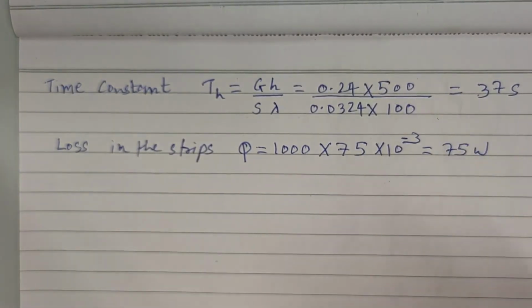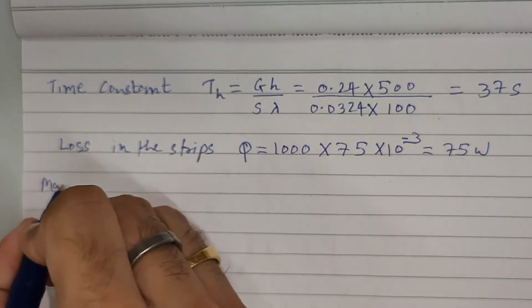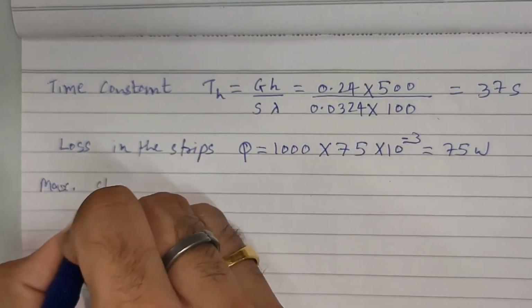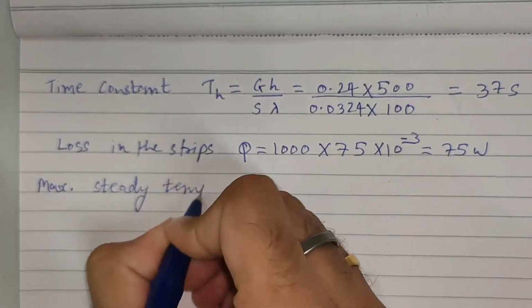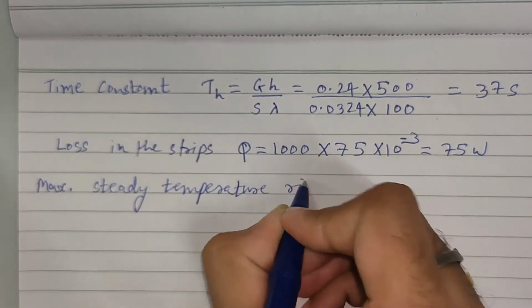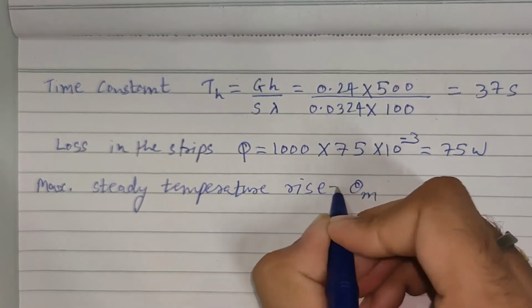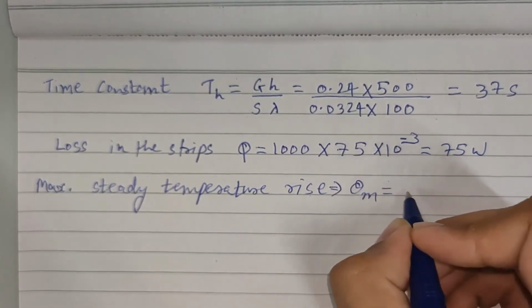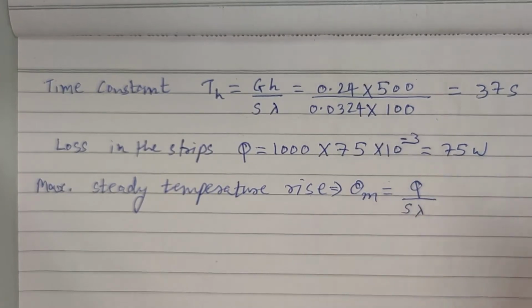So once you have calculated this loss, let's move to the maximum steady temperature rise. Now as you know, the formula for maximum steady temperature rise, which is given by theta m, is equal to capital Q upon S lambda.